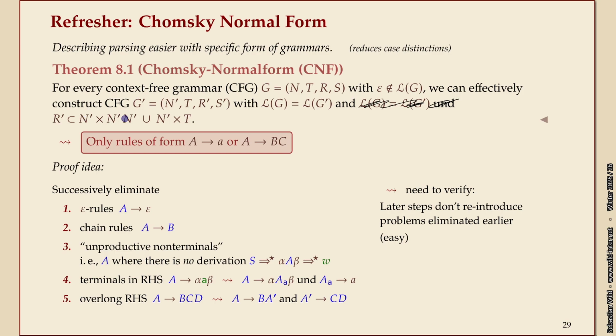Non-terminal goes to two non-terminals, or non-terminal goes to a single terminal. That's just this pattern formally written. I don't care about the algorithm so much. Just if you've done it, maybe you recognize it again. If you've never done it, I think it's a fun one to look at, but we don't need it here, so forget about it.